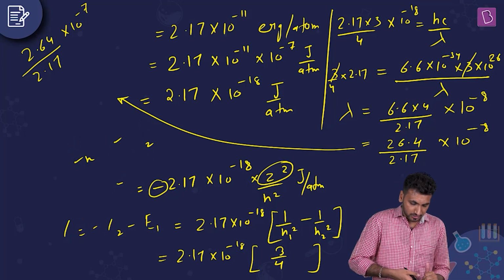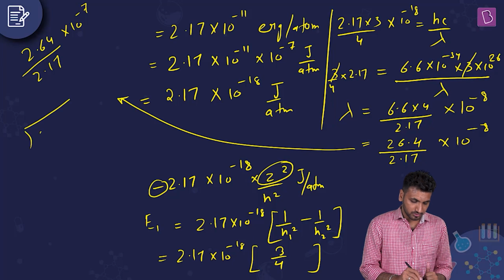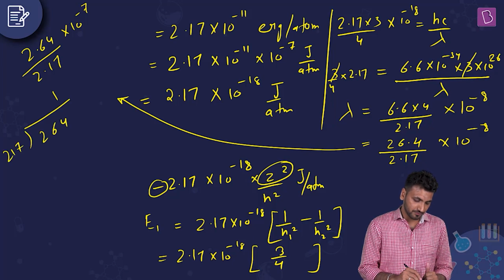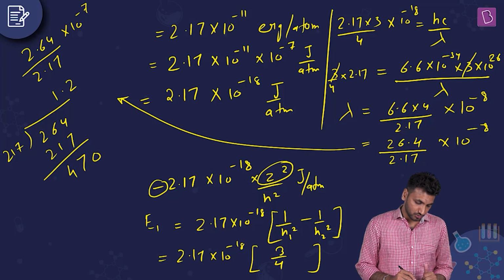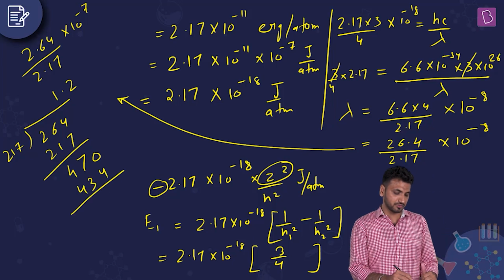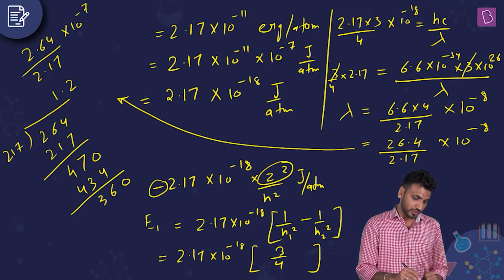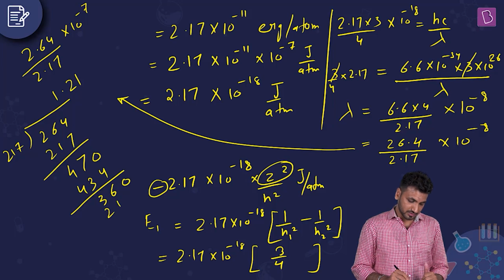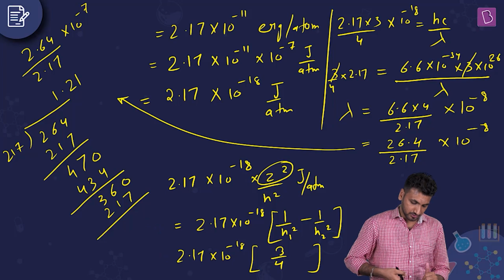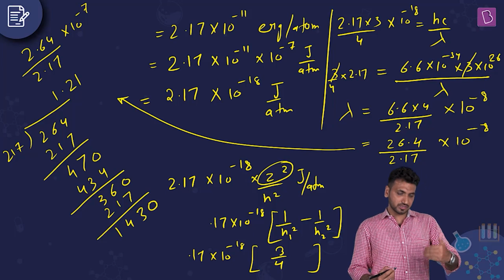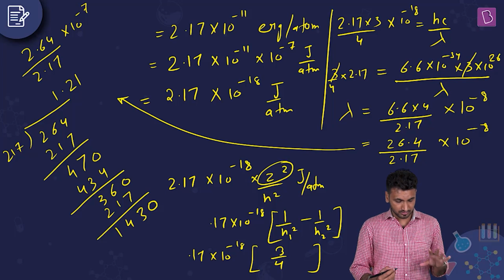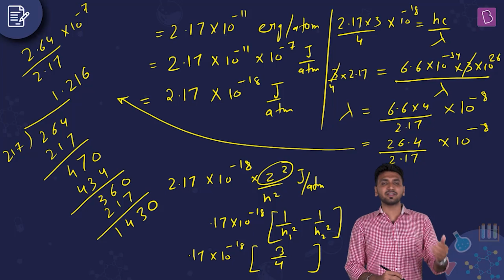No other option. Let me clear this part. So we can write it over here. If I divide 264 with 217, this is like 1.2171, and the division continues until we get approximately 1.216.